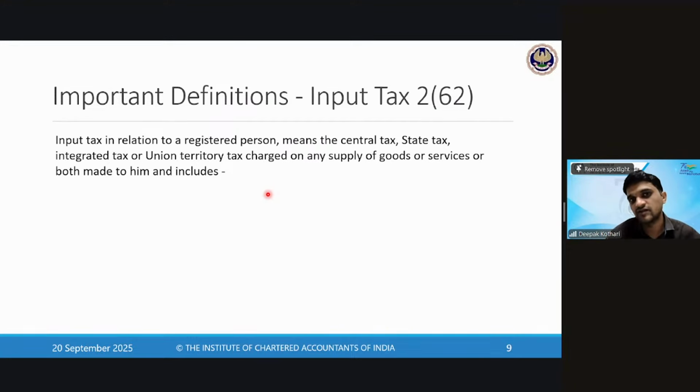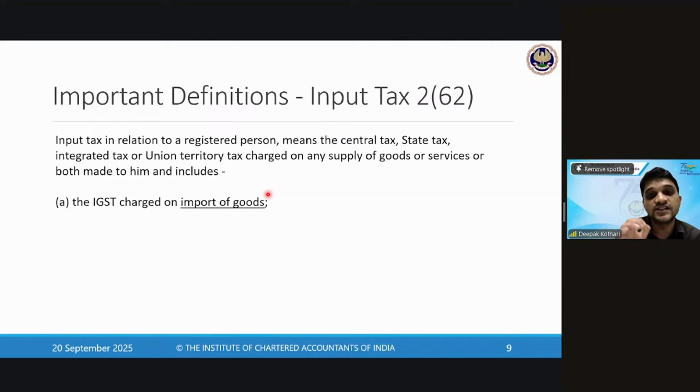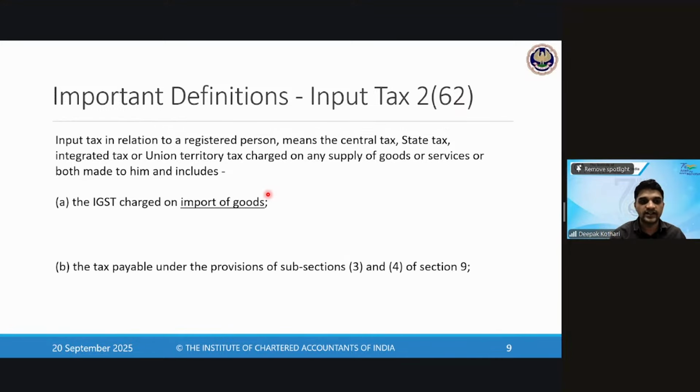That is also his input tax. So all these taxes, whichever is charged to him, that is his input tax. And it also specially includes IGST charged on import. When you import anything, as we had seen, when you procure from outside the state or inside the state, whatever inputs you have, whatever imports you have, on that IGST will be charged. So that IGST which is charged on imports is also your input tax credit.